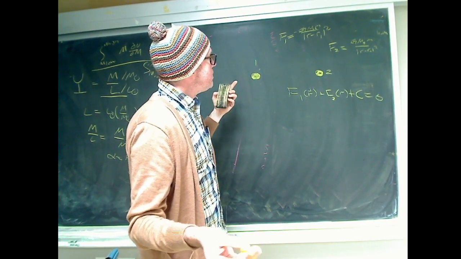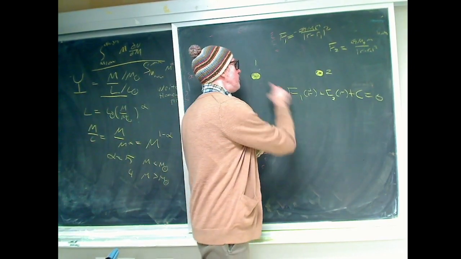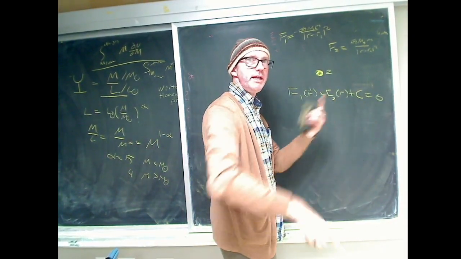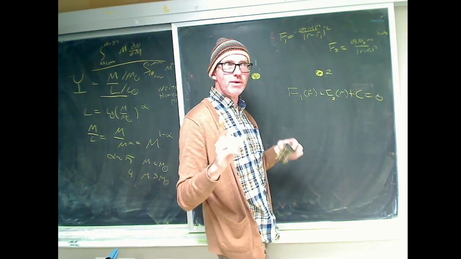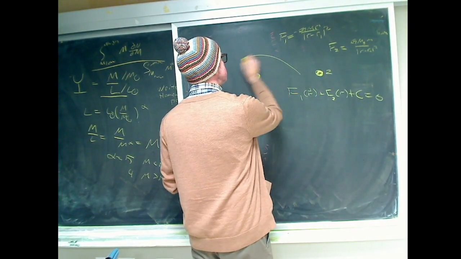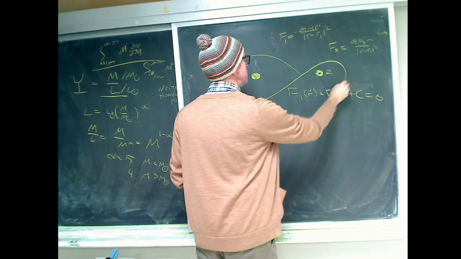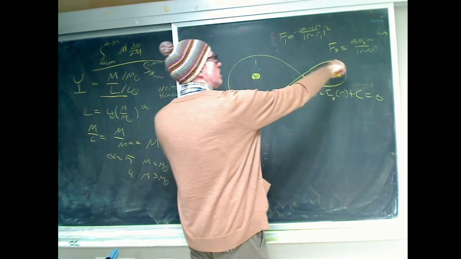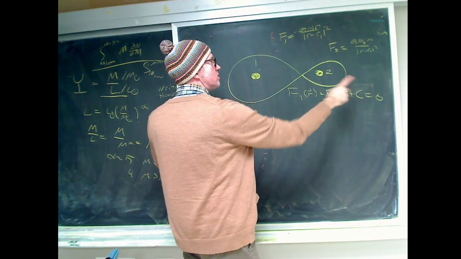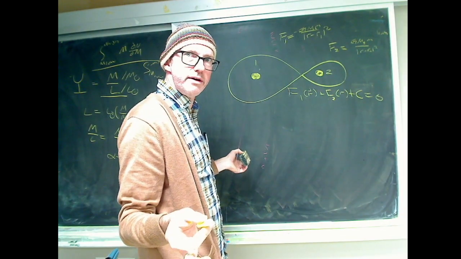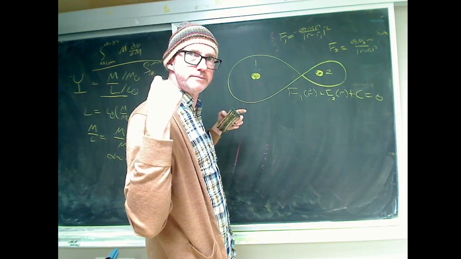So if I look at the space where the force from this plus the force from this plus the Coriolis force from everything rotating, and I have to add that in, otherwise this picture doesn't make any sense, you get a thing that looks like this. So this is the equipotential surface where the force and the Coriolis force cancel all the way out, and you can't feel anything. Does that make sense?